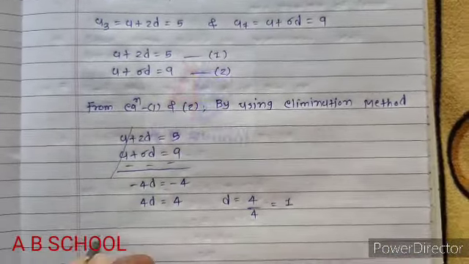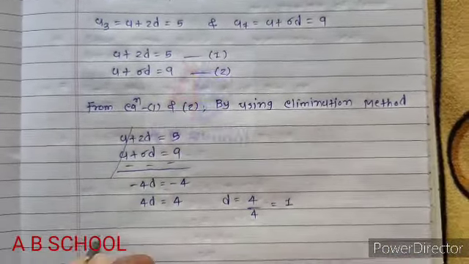So here value of A, first term of AP, value of A is equal to 3 and common difference D is equal to 1. Now for AP, first term A1 is equal to A is equal to 3.